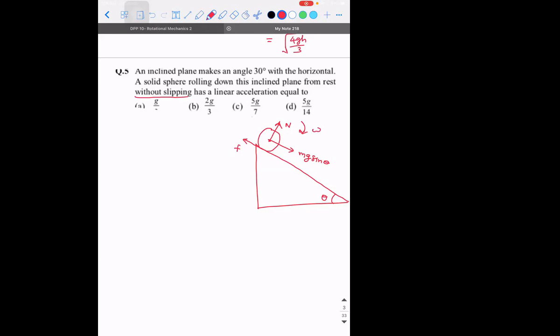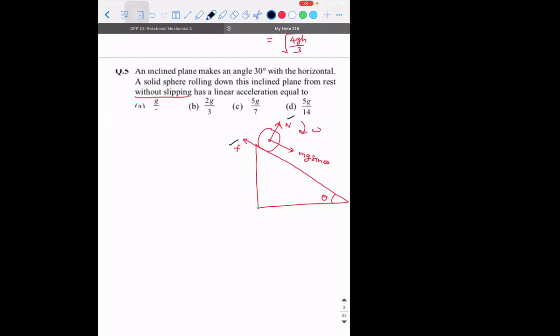Otherwise, if friction is not there, see what would have happened. What would have been the torque due to normal? Zero. Torque due to mg sin theta? Zero again, because both are passing through the axis of rotation.